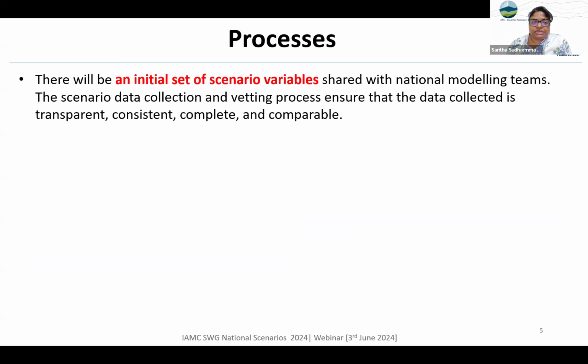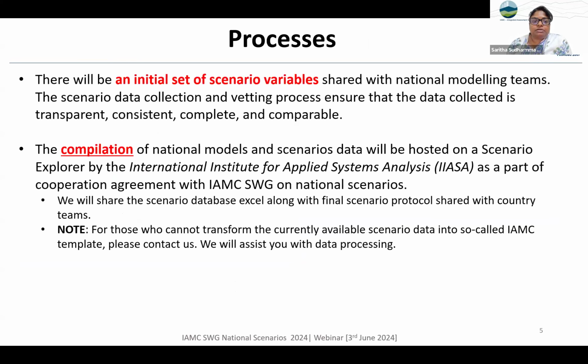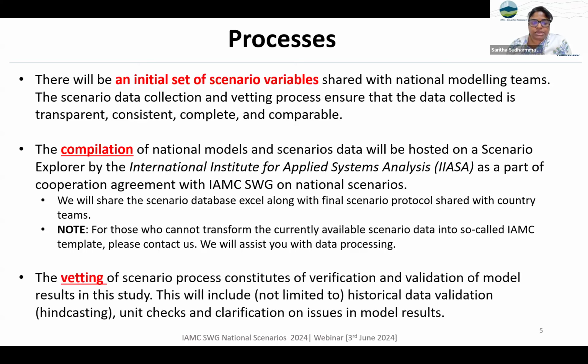After the initial data collection, we will have a vetting process. The compilation of the models as well as the scenario data is being hosted by IIASA Scenario Explorer as a part of the cooperation agreement with the IAMC SWG on national scenarios.